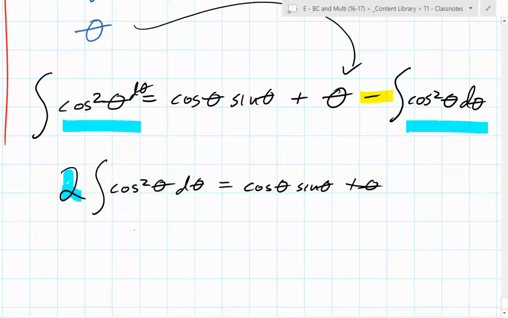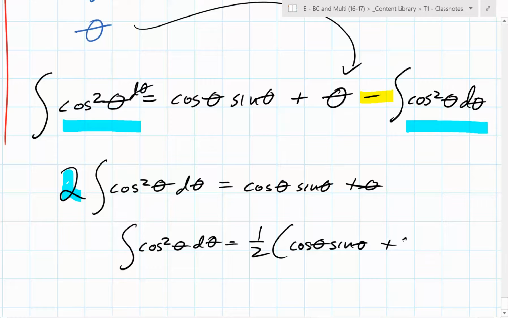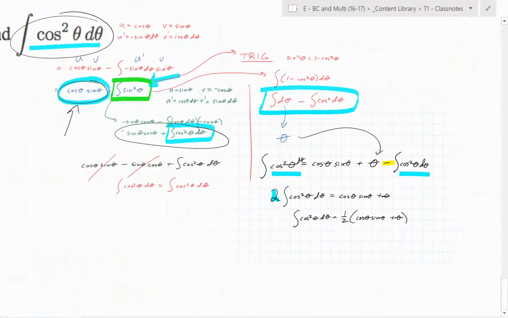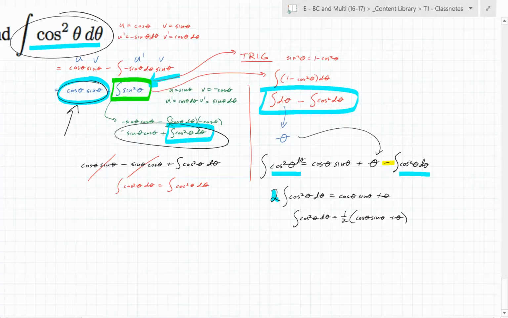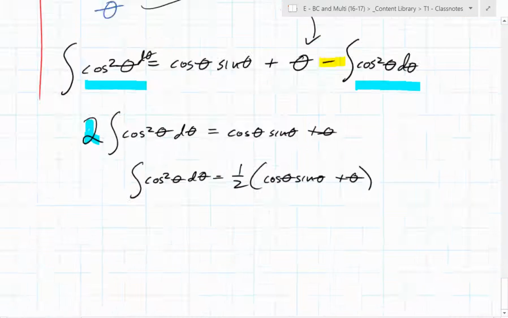So divide by 2 and you end up with the integral of cosine squared theta d theta is equal to 1/2 times cosine theta sine theta plus theta. Oh wait, we're done, because we do have it written without an integral on the right-hand side. That's really nice.